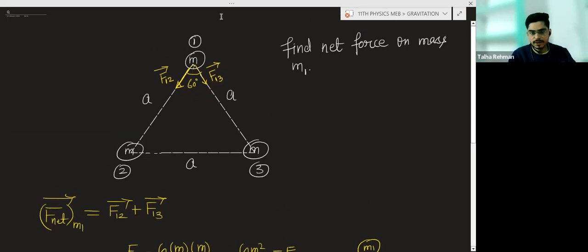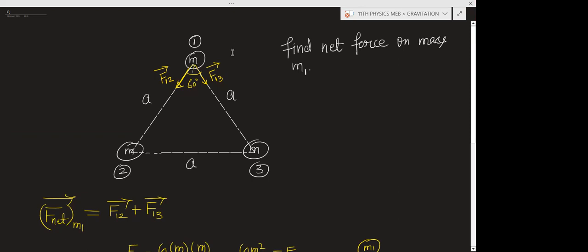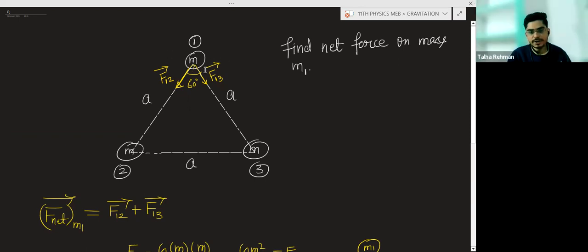Understanding, Hiba and Divyangi? Yes, sir. We have to find in this question the net force on this mass m. On this mass m, there will be a force due to this mass, and a force due to this mass, and we will see the direction of both the forces.